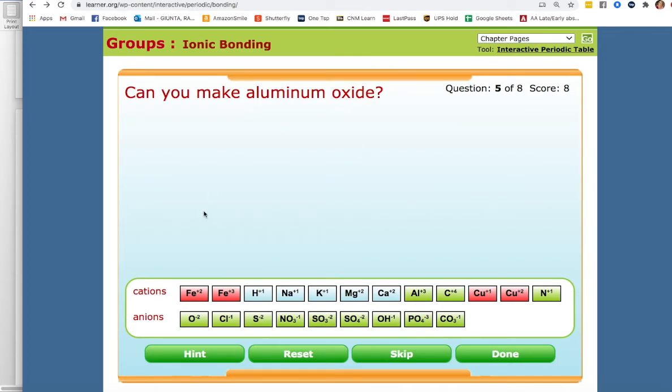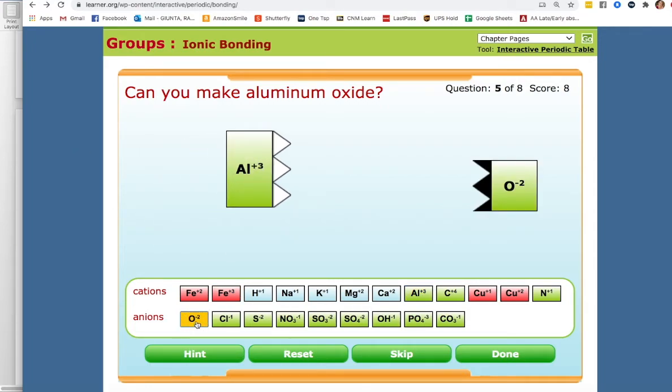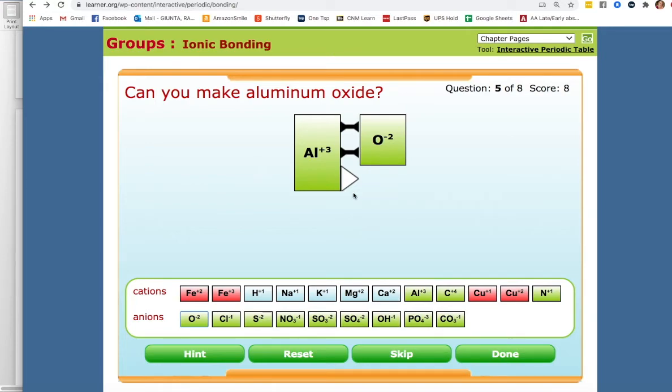But in the case of aluminum oxide, you've got aluminum with the +3 and oxygen with the -2, and so when we put them together, then we've got an extra +1 here. The only thing we can use to cancel it out is another oxygen. So we do that, and then we've got another spare, and it feels like we're going to be going on doing this forever, but we won't.